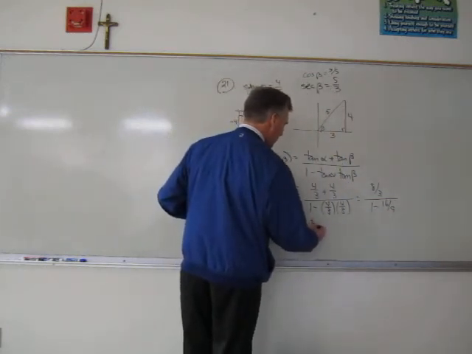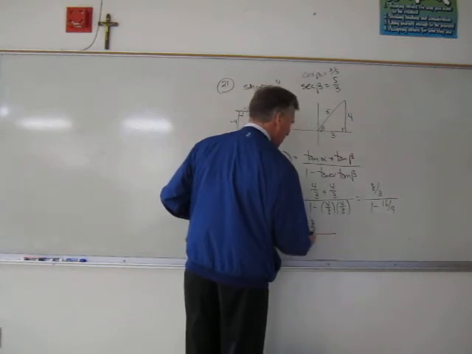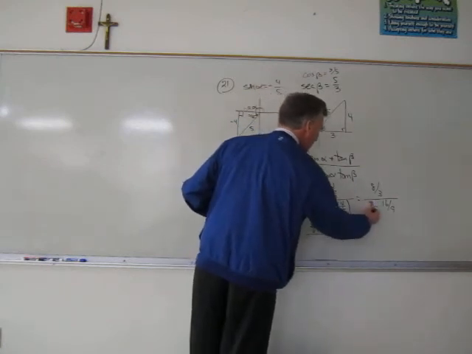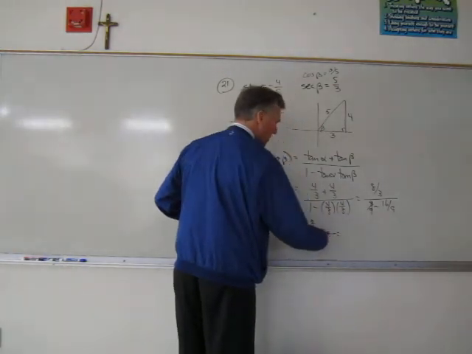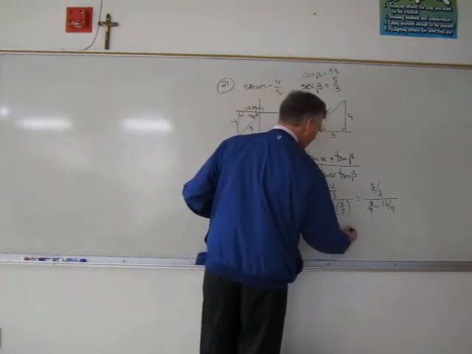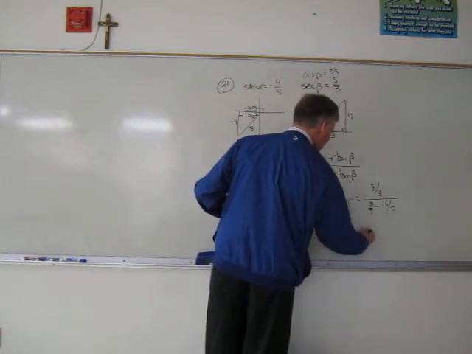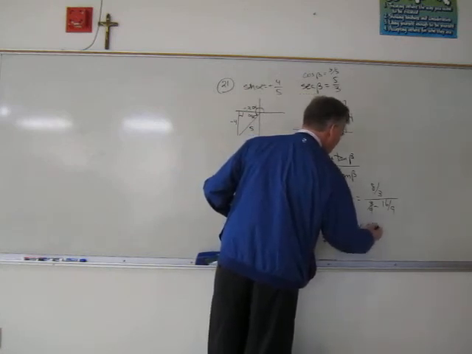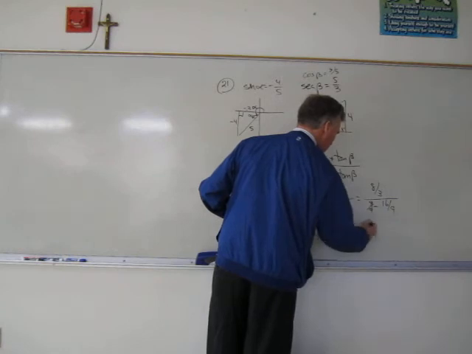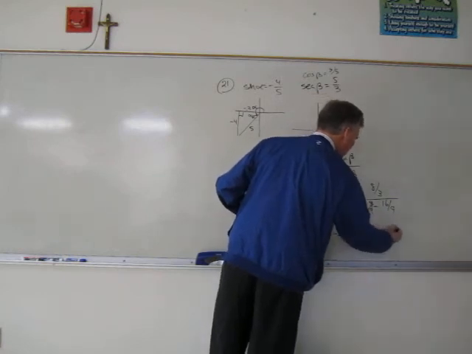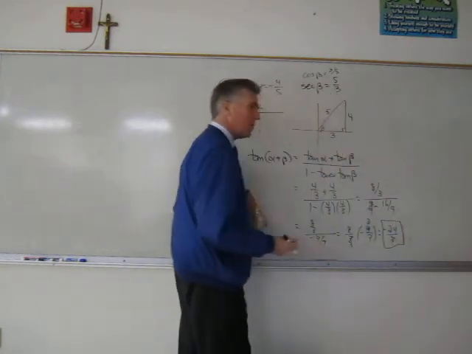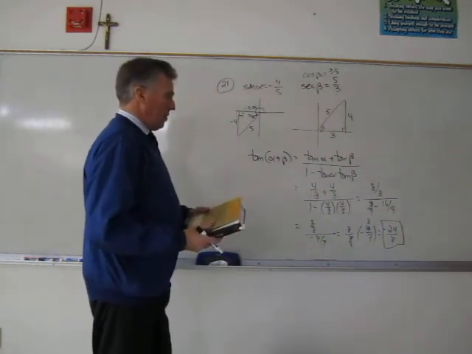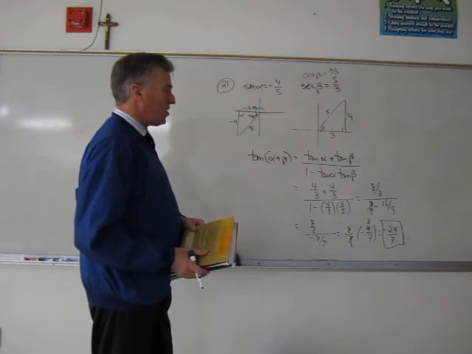Well, 8/3 divided by 9/9 minus 16/9, which is negative 7/9. So we're going to multiply by the reciprocal. I get 8/3 times a negative 9/7. 3 goes into 9 three times, and I get negative 24/7. Beautiful stuff.